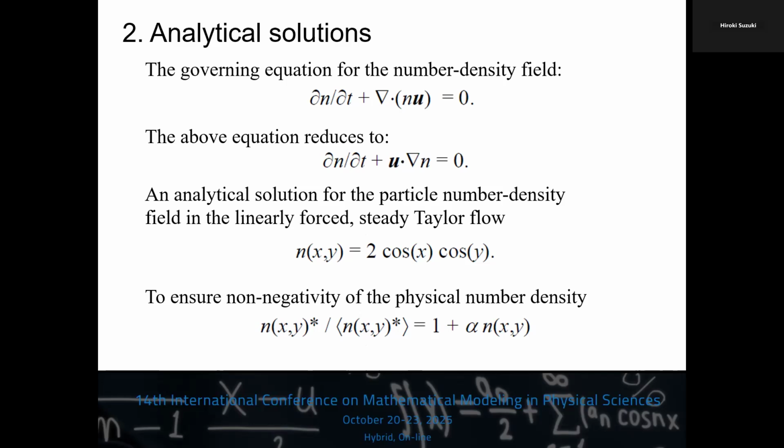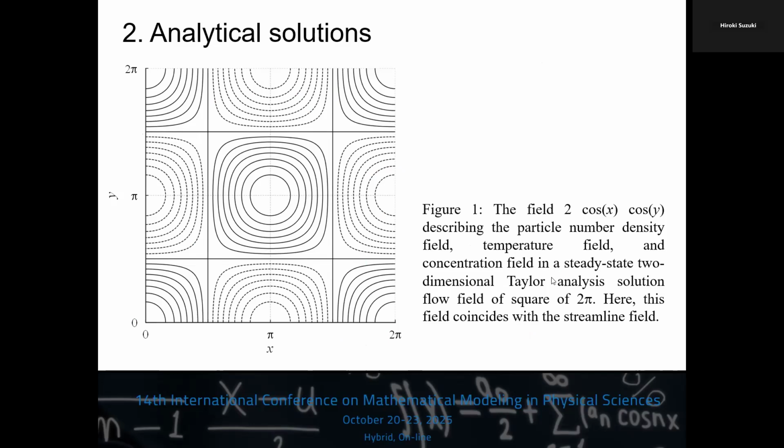Therefore, by replacing the normalized temperature or concentration field with the normalized particle number density, the analytical solution for the particle number density field in the linearly forced steady Taylor flow is obtained, as also demonstrated in the figure. This one.